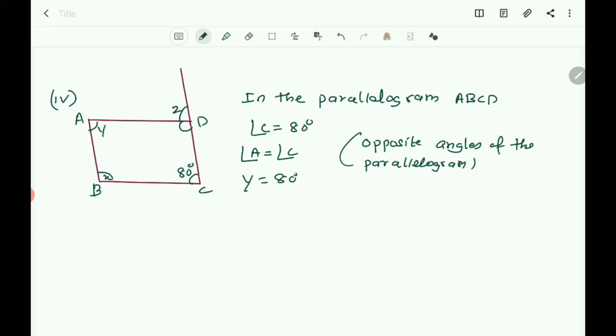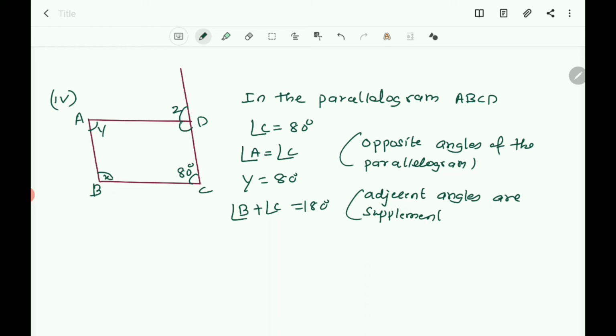Next, here you know that the sum of angle A plus angle B is 180 degrees, or you take angle B plus angle C is equal to 180 degrees. Why is it? Adjacent angles are supplementary.